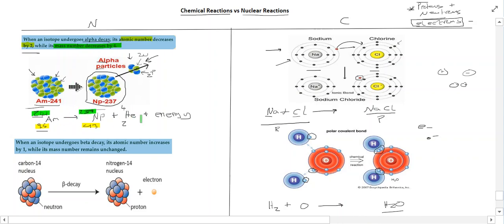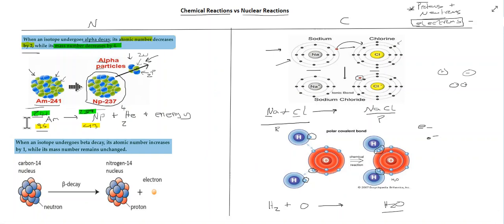And then this is what's generated out. Essentially, you're getting one atom changing into a different atom, and it's giving off some kind of decay. In this case it's alpha decay, so it's giving off this helium nucleus.